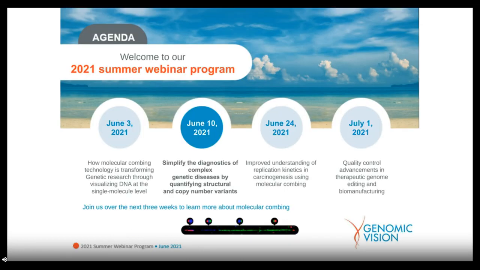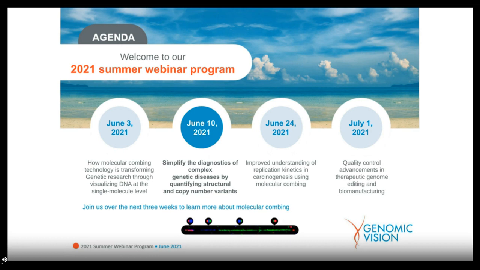I just want you to remember that this is the second session of our summer webinar program. In the past, you learned the normal general procedure of our molecular combing and the different steps. So you have some insights about our GMC, about our cancer biology methods, and for genetic and rare diseases, and also something for gene editing.